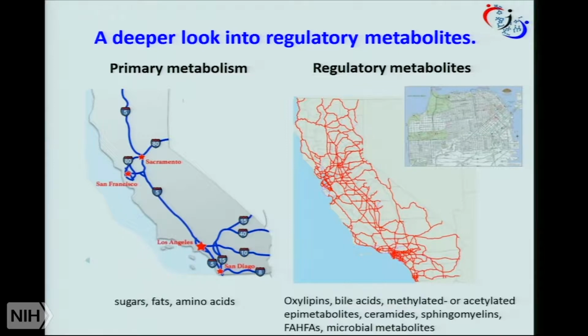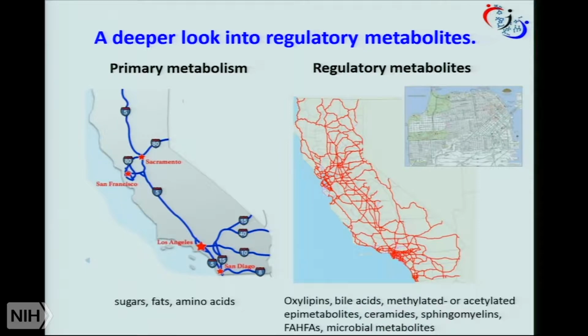Then they send all the energy down to San Diego and Los Angeles, where the mitochondria reside. As we have learned, mitochondria are really important, Hollywood, and they make more money there in terms of ATP and NADH. So this is all very important and tells us about sugars, fats, and amino acids, if this was glycolysis and primary metabolism.